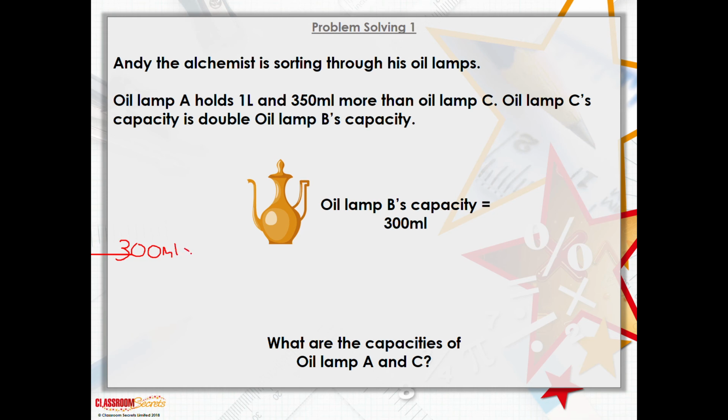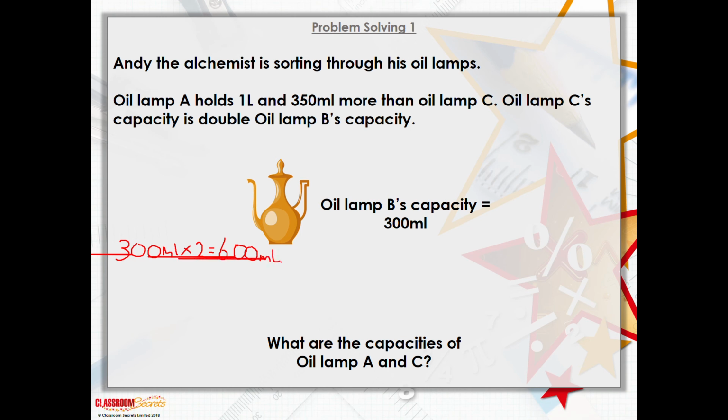So 300 millilitres multiplied by 2, or 300 millilitres add 300 millilitres, you should have found that oil lamp C equals 600 millilitres. I don't know why it keeps doing these little lines here, but hopefully you can still just about read these.